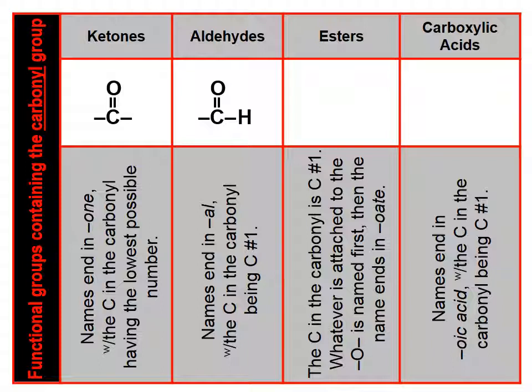When you're naming aldehydes, names end with -al, and the carbon in the carbonyl, that is the one that's shown here, by definition that's carbon number 1. You can see that the carbon chain either starts or ends with this carbon. In other words, it terminates right here, and whenever we name aldehydes, this carbon here has to be carbon number 1.